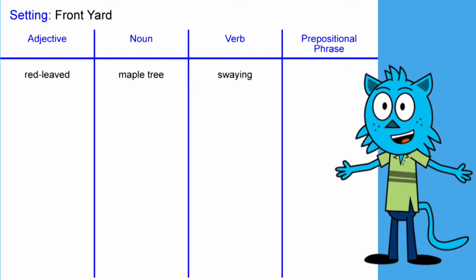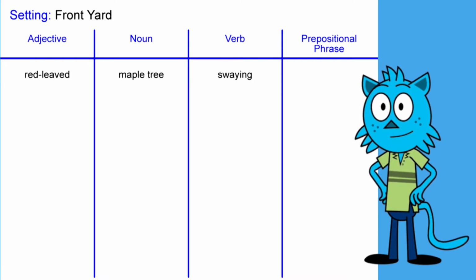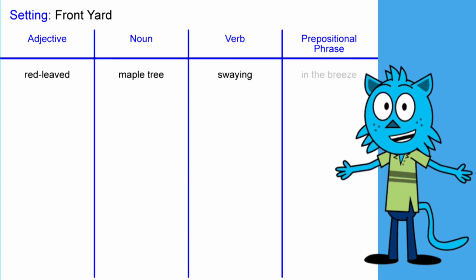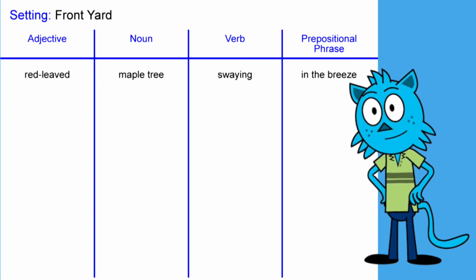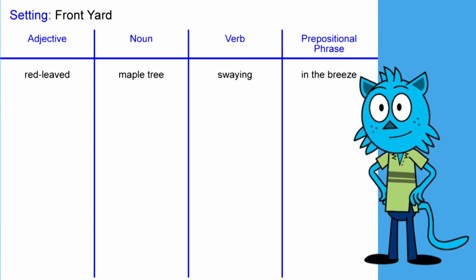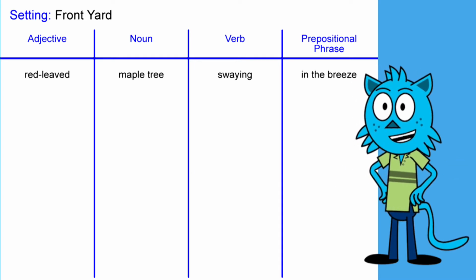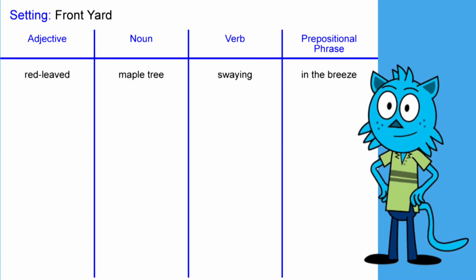Finally, I need a prepositional phrase to modify the verb. When, where, or how is the tree doing what it's doing? Swaying in the wind, towering over us, casting a shadow across the lawn, stretching its branches into the blue sky.